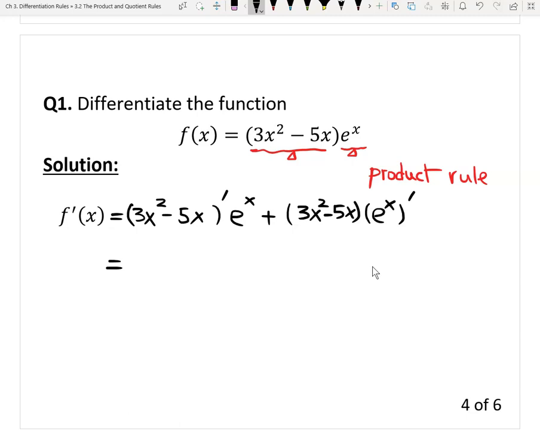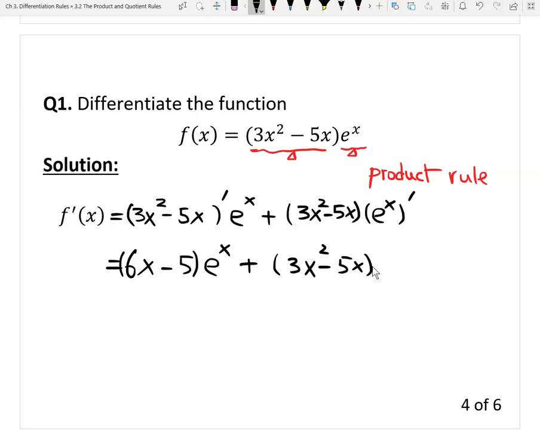There's the power. x to the second power, take a derivative is 2x, therefore 3 times 2 is 6. So we have 6x. And the second is minus 5, because the derivative of x is 1. 5 times 1 is 5, and then we put the parentheses. Okay, and then times e^x, right? This is the first. The same, I am going to add the second. The second is 3x squared minus 5x.